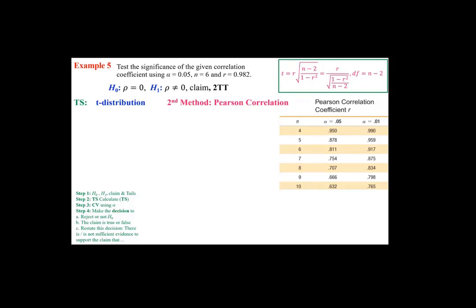We just plug in: t equals r, 0.982, times the square root of n minus 2, 6 minus 2, over 1 minus r squared, 1 minus 0.982 squared. You do the math, and you come up with the test statistic for the t-distribution.